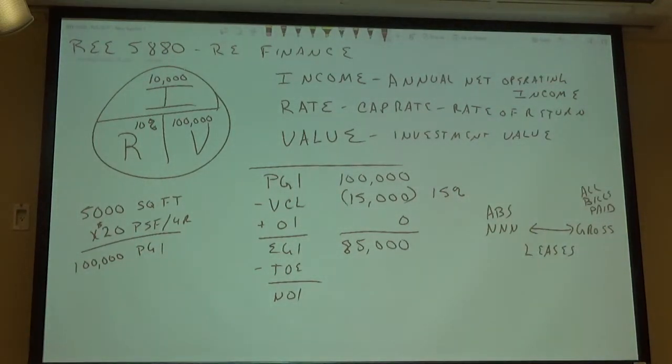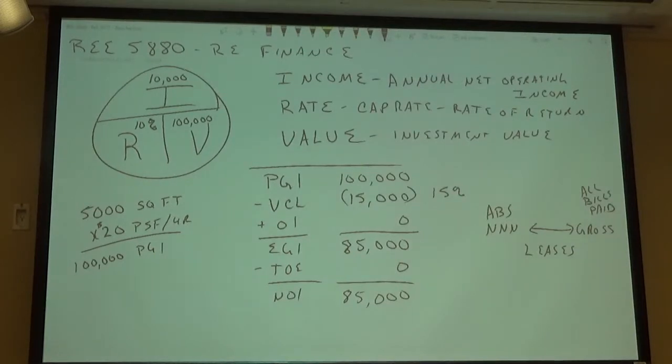But in terms of the actual net expense for the owner, under an absolute triple net, operating expenses would be zero. Does that make sense? Meaning that their net operating income is going to be $85,000.